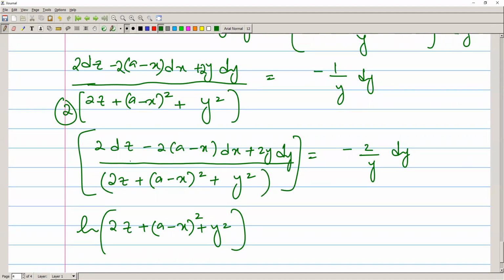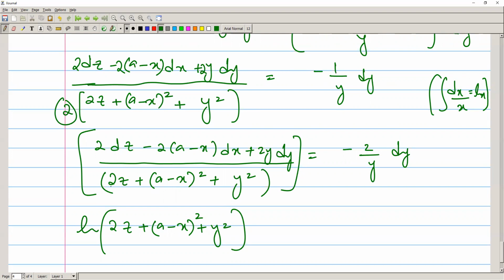Okay, so like when we have dx over x, we integrate and we take ln x, because the derivative of x is dx.